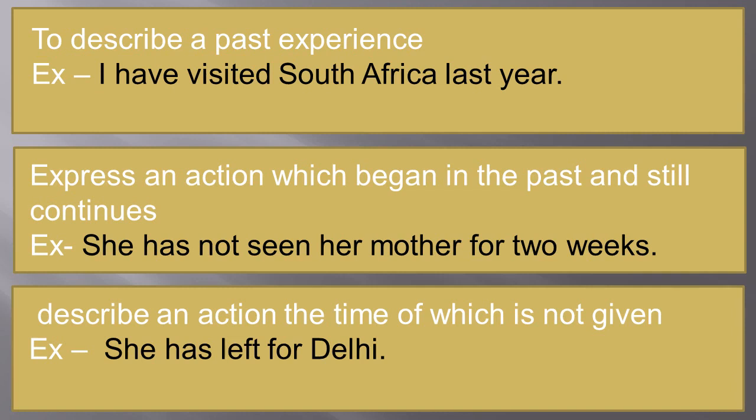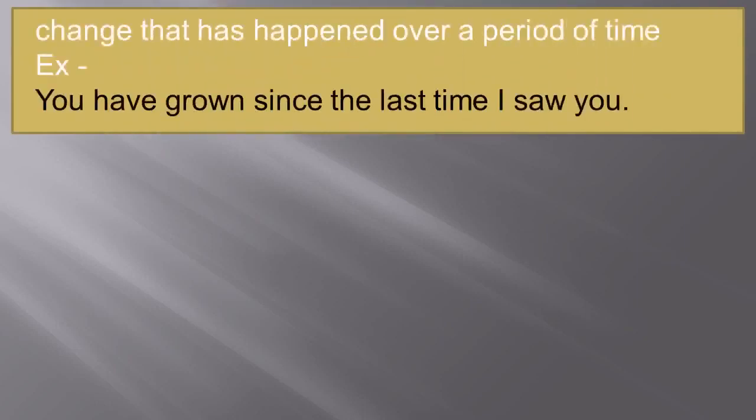For example, she has left for Delhi. Another use: to describe any kind of change that has happened over a period of time. For example, you have grown since the last time I saw you.